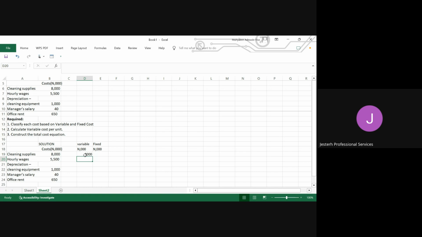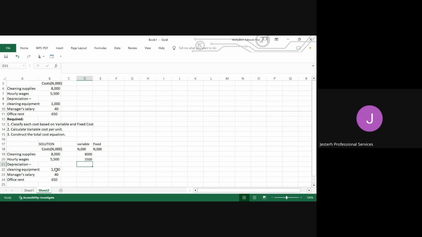If they render service to 500 aircraft, the labor hour will change. So this labor hour is related to the service they are rendering. Remember when I was explaining direct material and indirect material, this labor hour is associated to the level of activity, to the service they render. So in this case, this 5,500 goes to variable cost because it can change at any time.